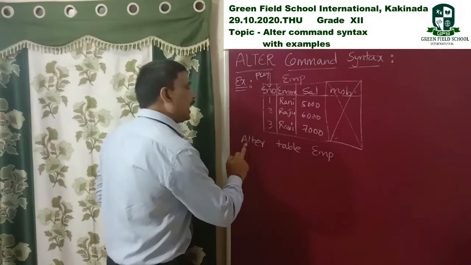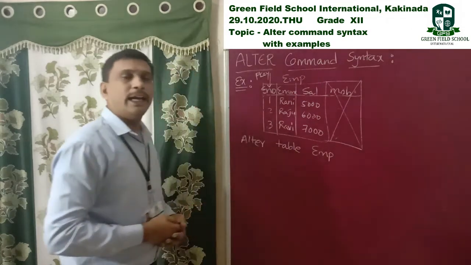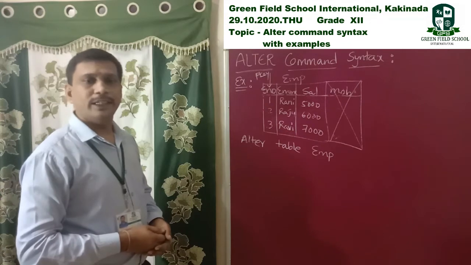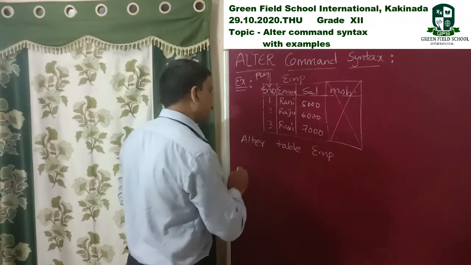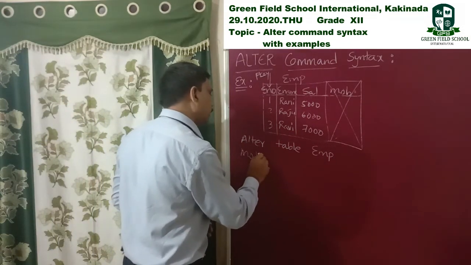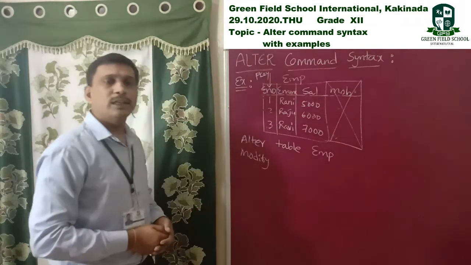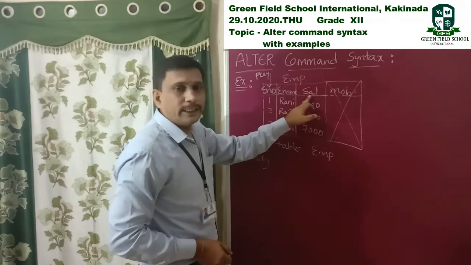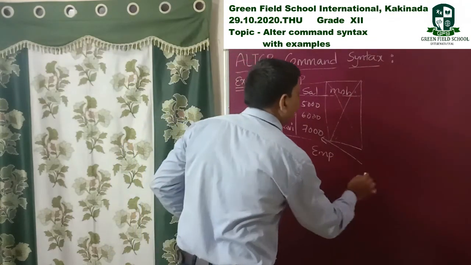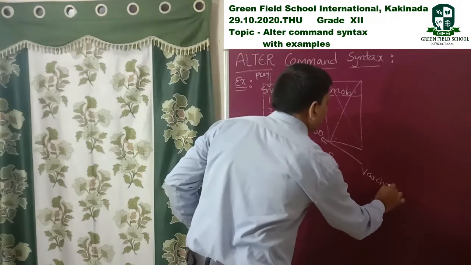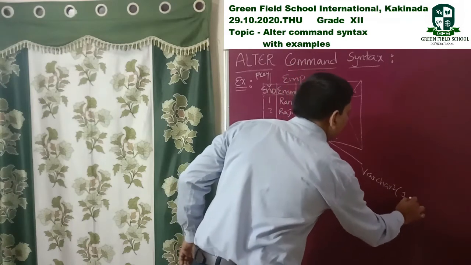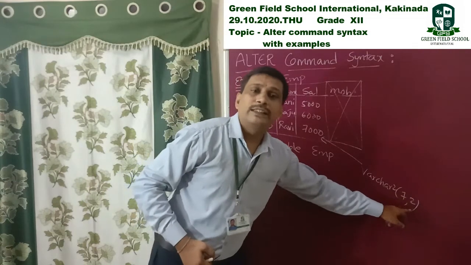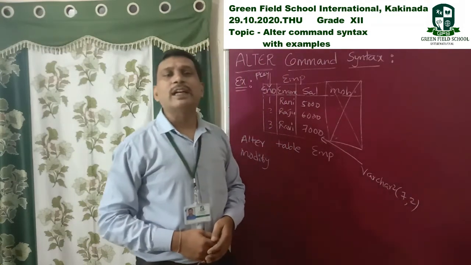See, alter table name, here emp. Here we specify the table name emp. Then I specify modify. So how to modify? Up to now this column has varchar2(7,2), meaning the precision and width are 7, 2.